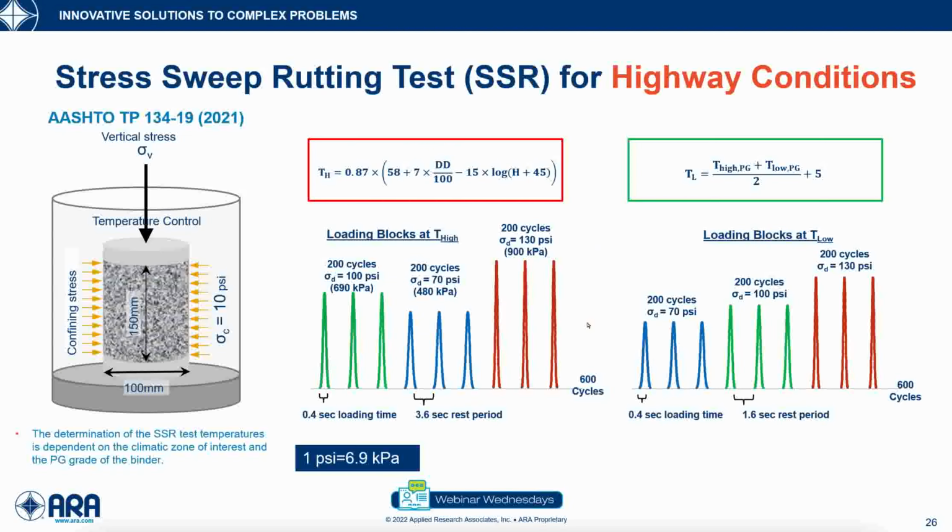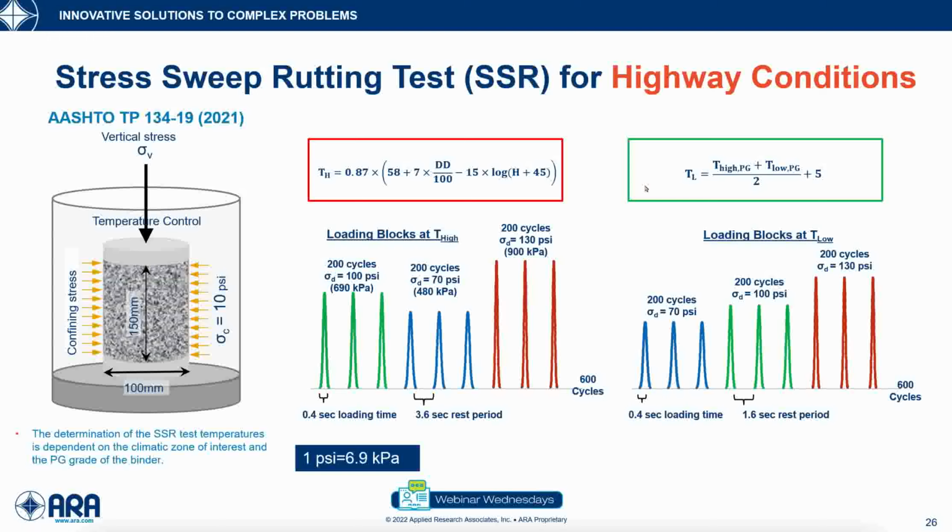So what is this SSR test? The SSR test was developed for highway conditions. It's AASHTO TP134-19. What we do is run blocks of sinusoidal loadings at two temperatures, T high and T low. Both these temperatures are a function of the climatic zone and the PG grade.